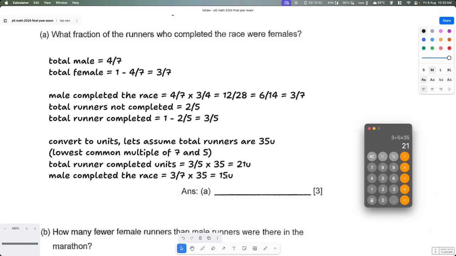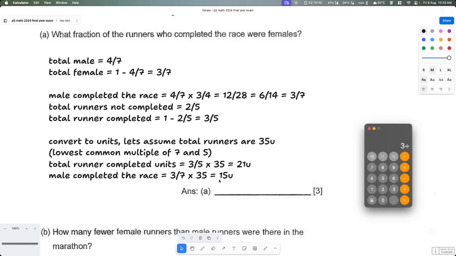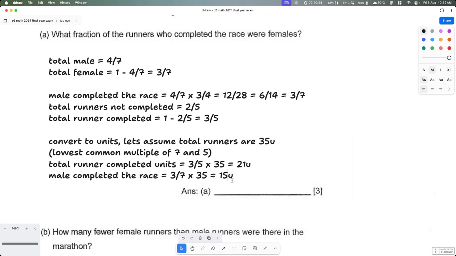So 3 out of 7 multiplied by 35 gives us 15. So female completed the race is equal to 21 minus 15. This will give us 6 units.